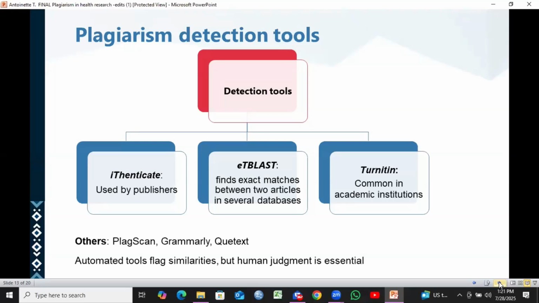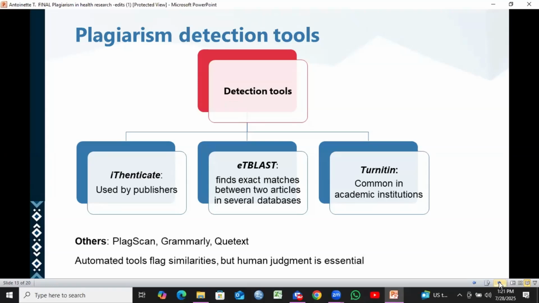Yeah, we have eTBLAST. It finds exact matches between two articles in several databases. We also have Turnitin, which is also another plagiarism detection tool, mostly used in academic institutions. We have PlagScan. PlagScan is also used by educators, researchers, and writers to ensure originality and also maintain academic integrity.